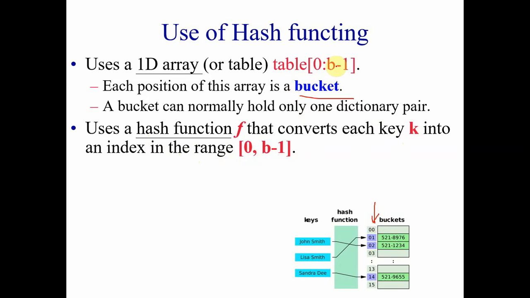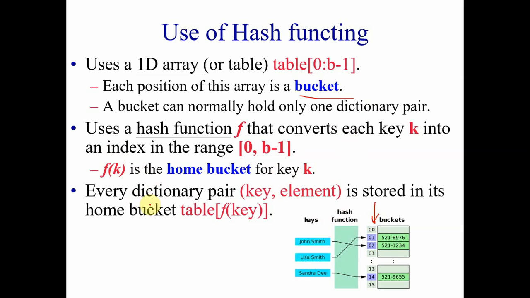That is, b is the number of buckets available here. So f(k) is the home bucket for key k. It locates the location, and every dictionary pair key element is stored in its home bucket.